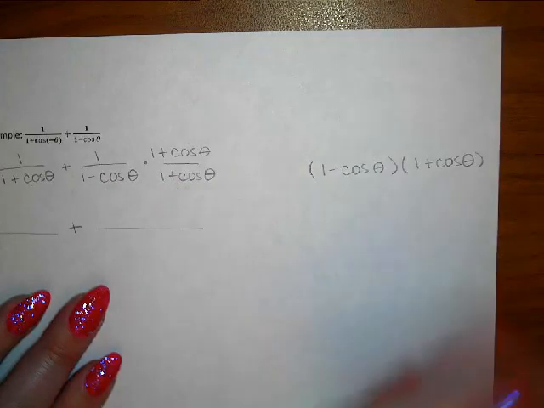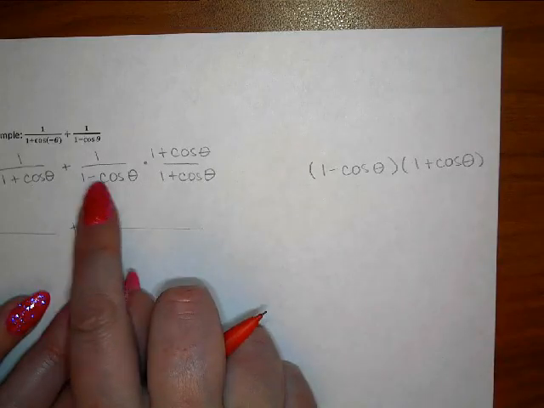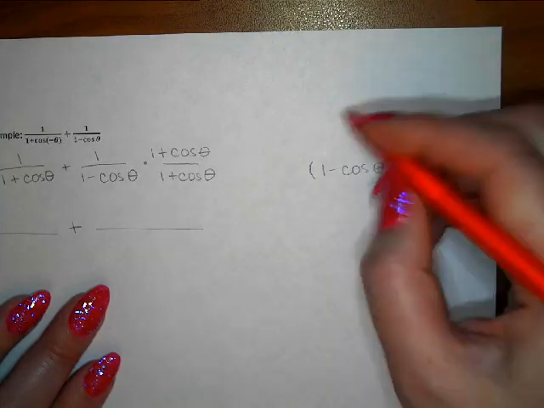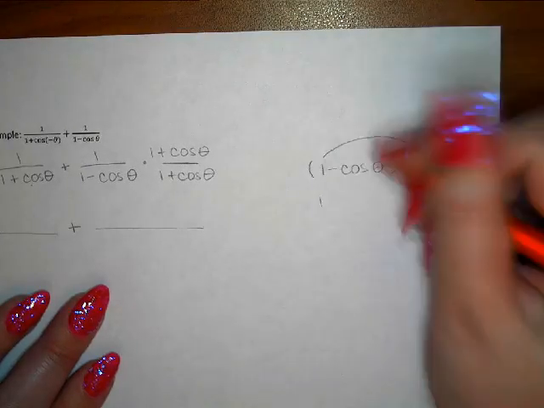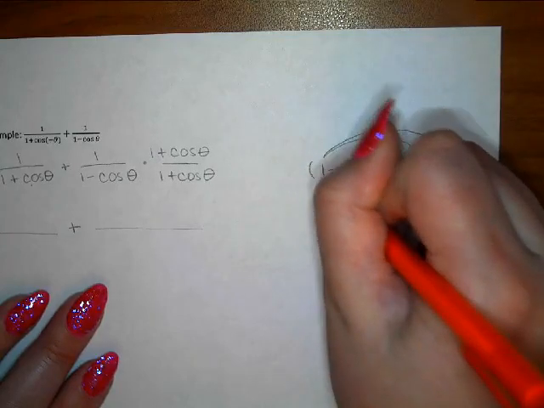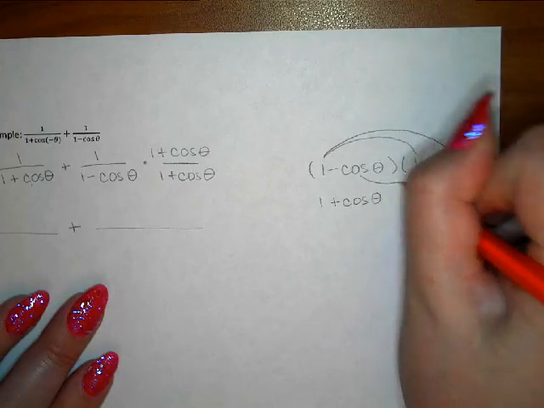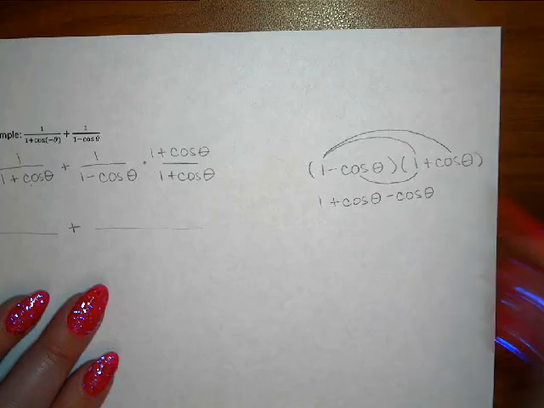Okay, so I've got 1 times 1 is 1. 1 times positive cos is positive cos. Negative cos times 1 is negative cos. And then negative cos times positive cos: negative times a positive is a negative, and cos times cos is cos squared.